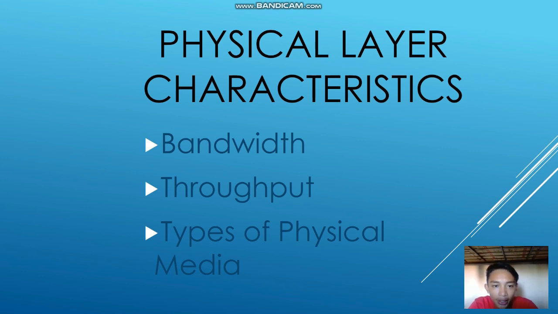Types of physical media. The physical layer produces the representation and groupings of bits as voltages, radio frequencies, or light pulses. Various standards organizations have contributed to the definition of the physical, electrical, and mechanical properties of the media available for different data communications.